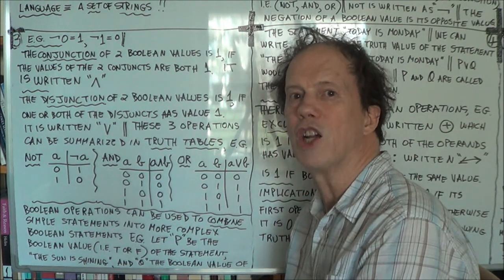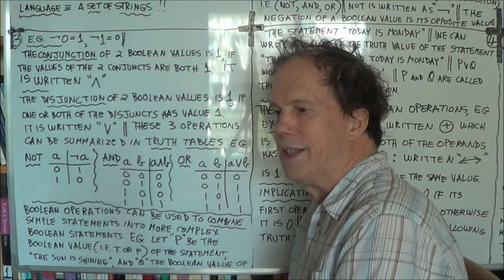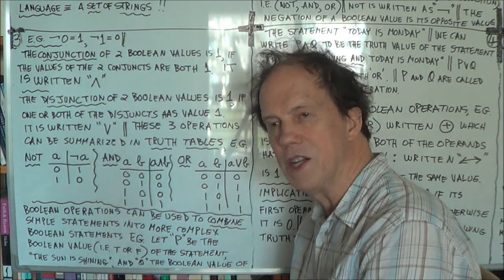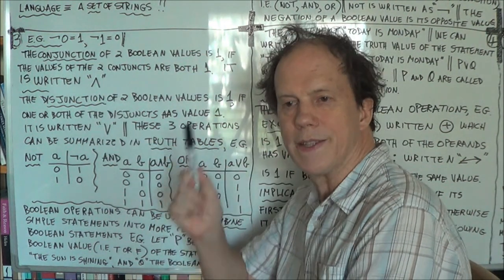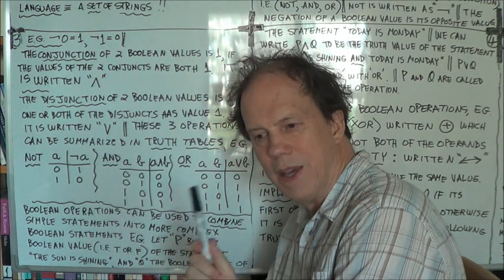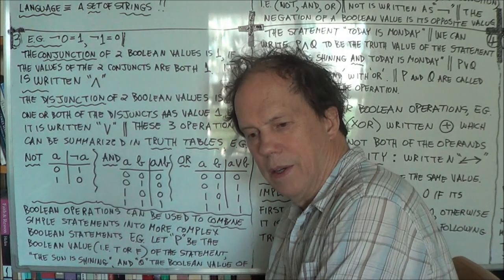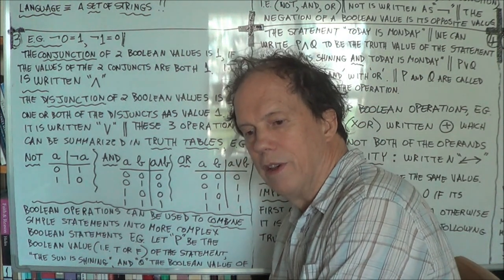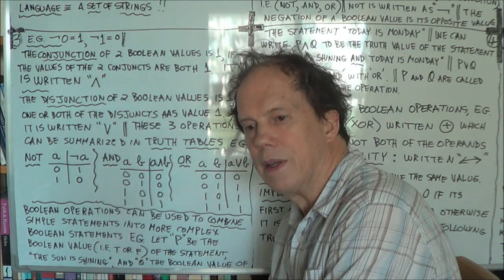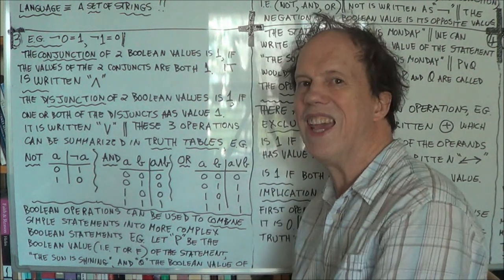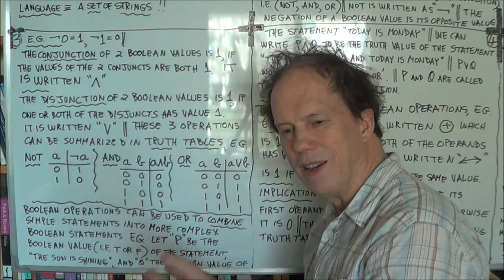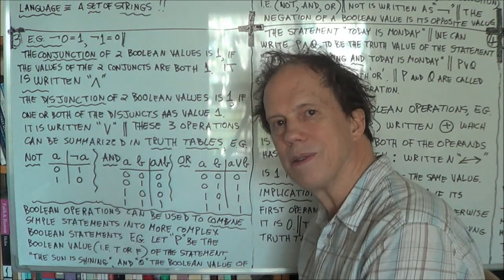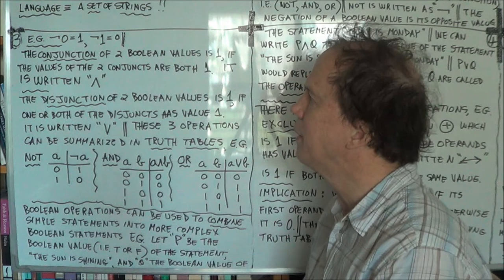Starting to talk about combinations, and in three of those, the conjunction x and y has value 1 only if x and y, both of them, have value 1. That's why it's called and, right? Because x has to be 1 and y has to be 1. That's where the and label came from, or conjunction.